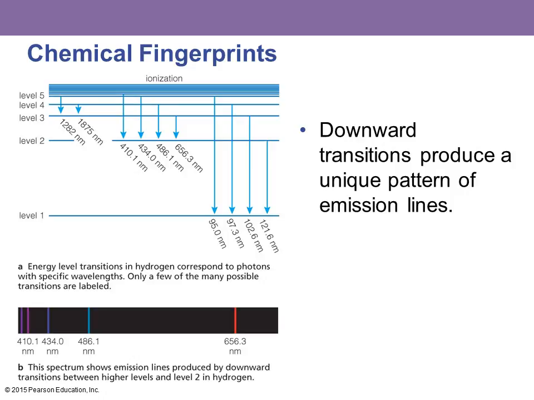These downward transitions produce a unique pattern of emission lines, and what you see at the bottom is an emission spectrum of hydrogen, where those colored lines, the purple, the blue, and the red way over to the right, being at a very specific wavelength, tell us that that is hydrogen.